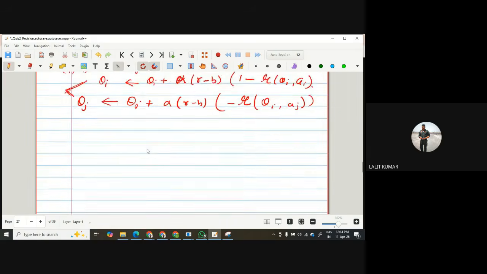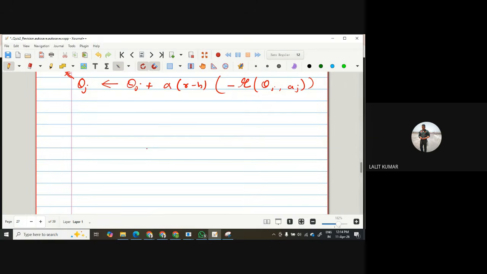And the third professor had covered the case where your pi is coming from a normal distribution. In a normal distribution, you have mu, sigma, and for example theta.